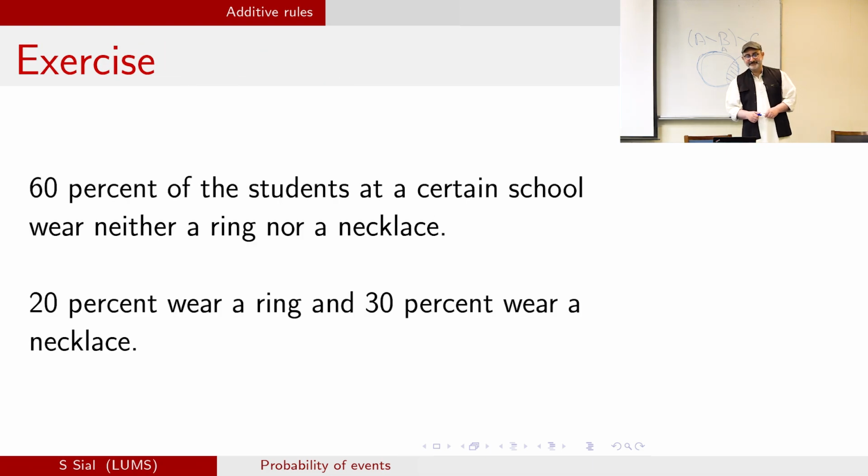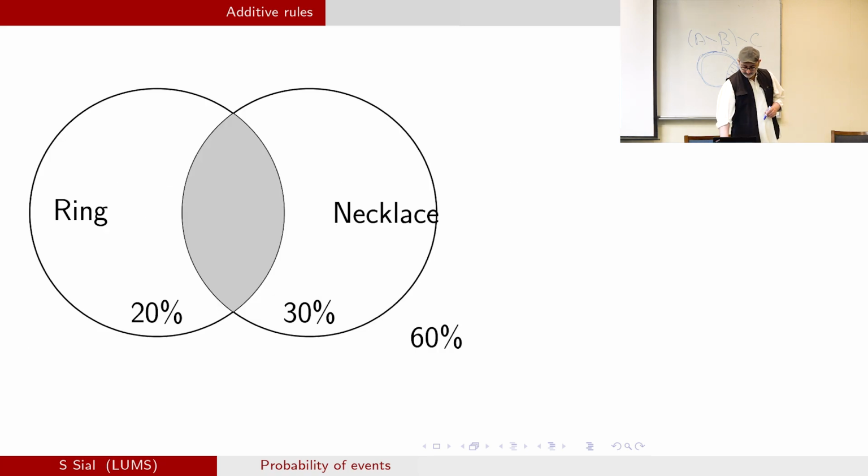Okay, so let's try a problem using these ideas. 60% of the students at a school wear neither a ring nor a necklace. 20% wear a ring, 30% wear a necklace. Okay, so we might write it like this.